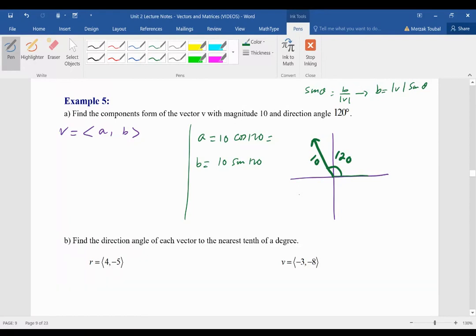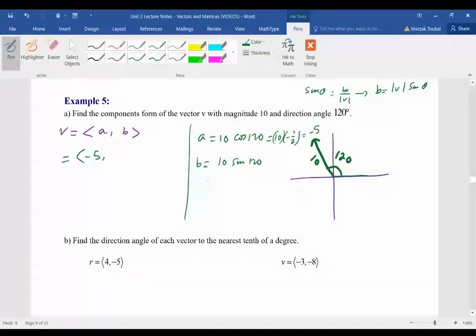What is cosine 120? Cosine 120 is the negative of cosine of 60, which is 1/2. So 10 times 1/2. I mean, sorry, negative 1/2. We said the negative. So it's -5. Okay, so far a is -5.